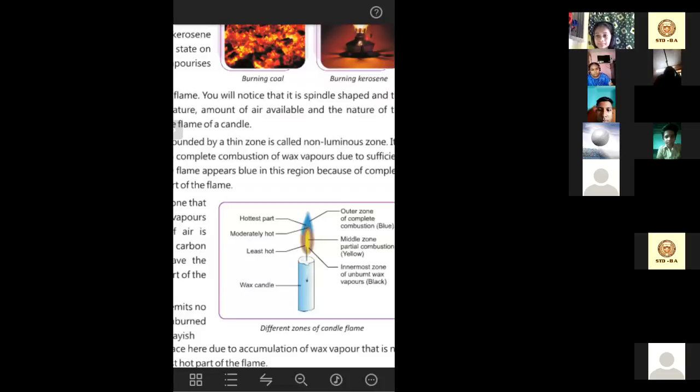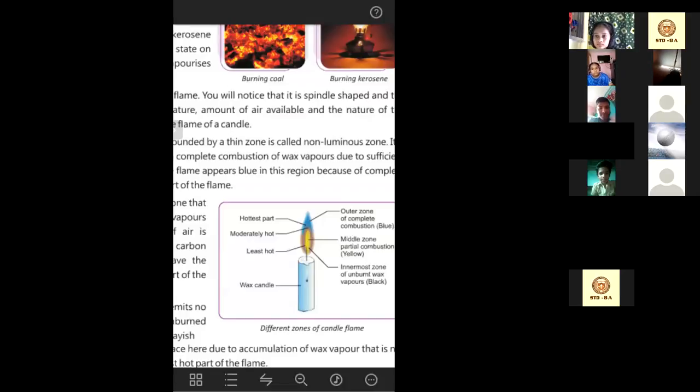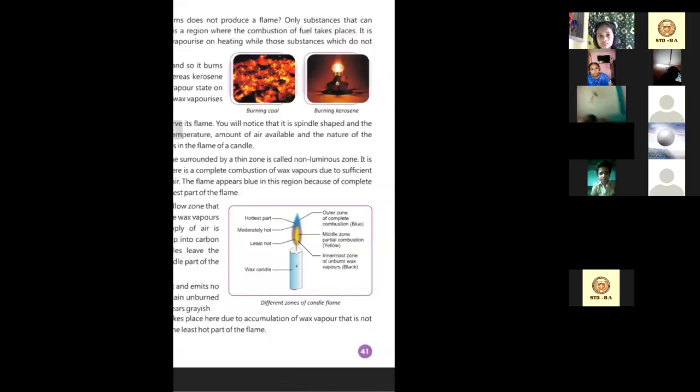The reason is the outermost layer is in direct contact with atmospheric oxygen and gets the maximum oxygen. The middle layer gets atmospheric oxygen, but not in adequate quantity for complete combustion. And the innermost layer, the dark zone, doesn't get any oxygen, so no burning takes place. This is the least hot part of the candle flame.